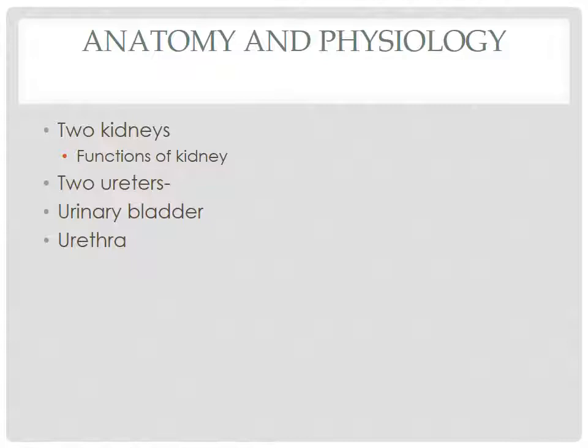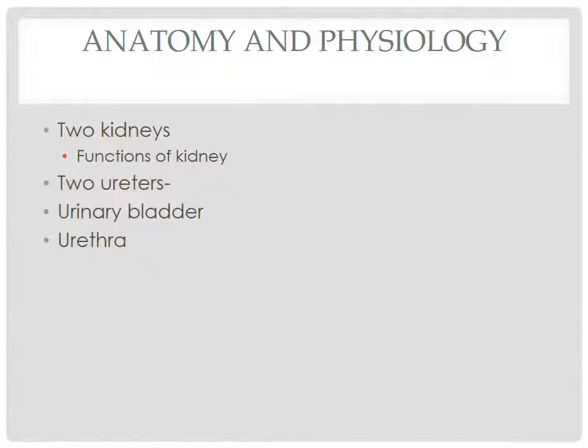The functions of the kidney are listed in your chapter on page 811, including the regulation of blood pressure, electrolyte balance, and acid-base balance, all of that in both the blood and in tissue, the production of erythropoietin involved in red blood cell formation in the bone marrow, and activation of vitamin D, which is necessary for absorption of calcium.